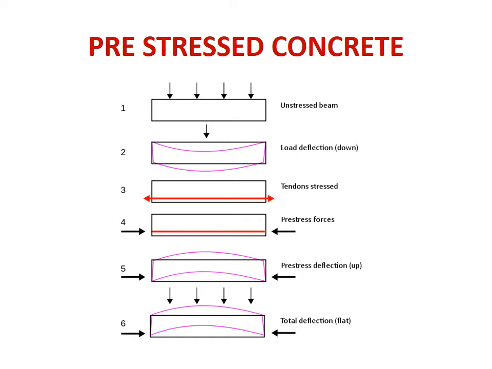So if we put steel, what is written as tendons, in the beam and it is stressed, and then after initial stress it is released, then pre-stress forces will be developed, and this will result in pre-stress deflection, that is, deflection towards the upper side. And when loads are applied, this deflection will come down, so it will become flat. So this is the concept of pre-stressed concrete.